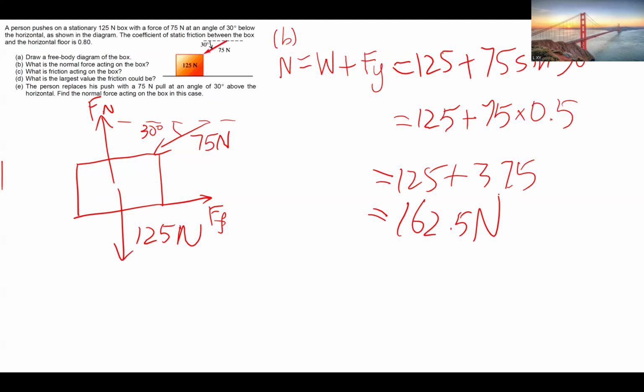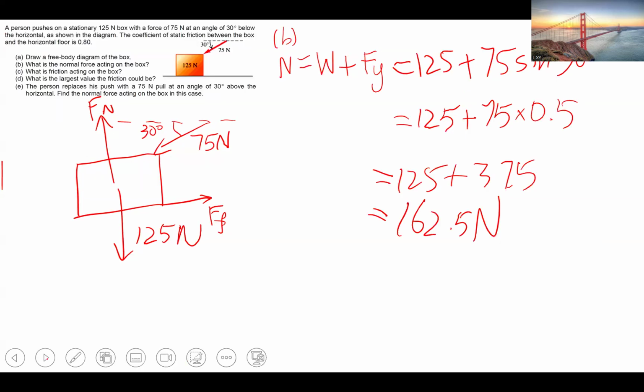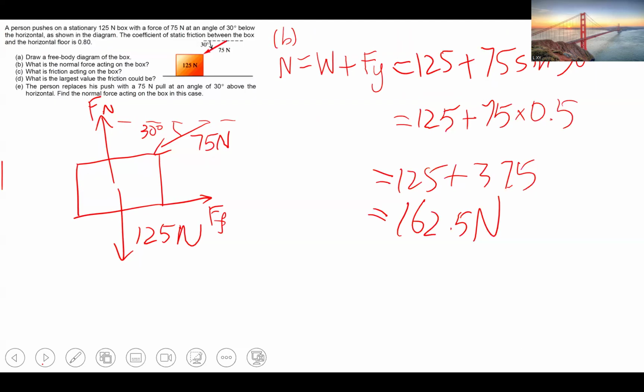That's the answer for B. Okay, good. So now we have 162.5 Newton, and we can continue with that.